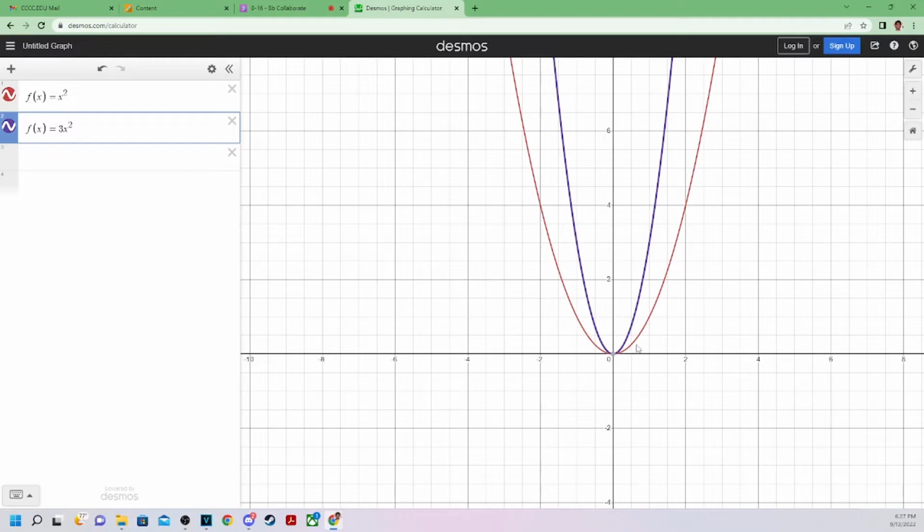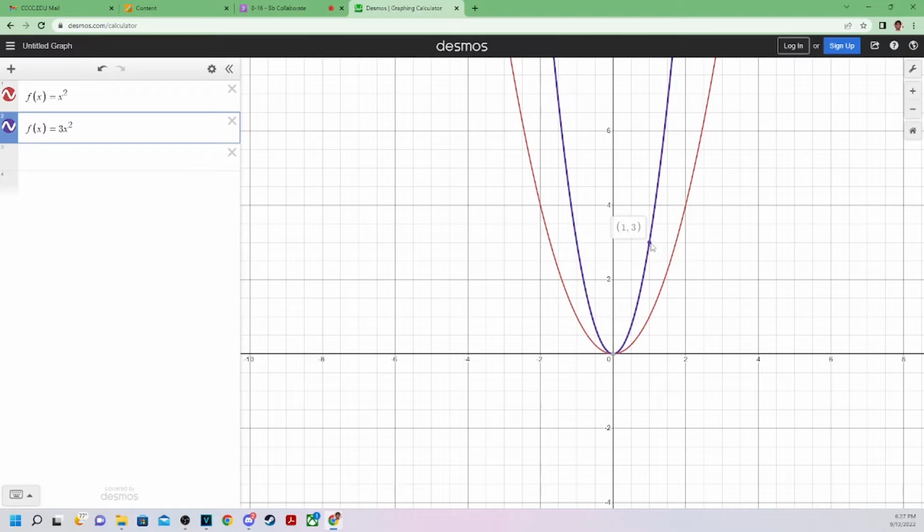If I look at the point on this function 1, 1, that same input 1 will now have an output of 3. I multiplied that output by 3, which makes sense because 3 is multiplying outside my function.